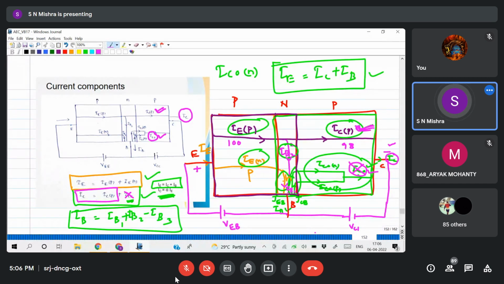Now tell me, suppose I am sending 100 holes from the emitter and 98 holes are reaching here at the collector. Can I say I am getting a fraction of holes at the collector which is sent by the emitter?